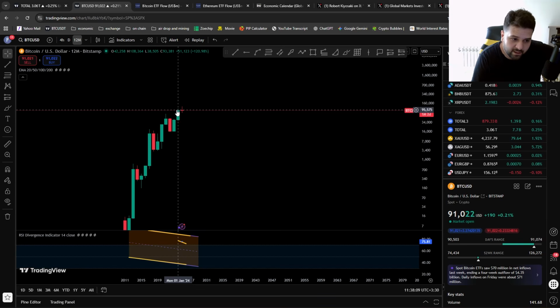And if we close above 94,000 in December, which means we close the third year with a green candle this year, I assume that 2026 is our bear market.